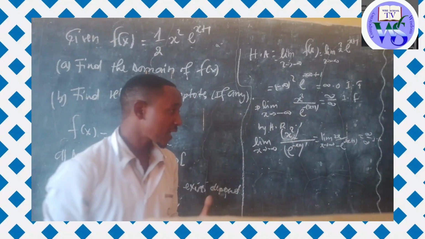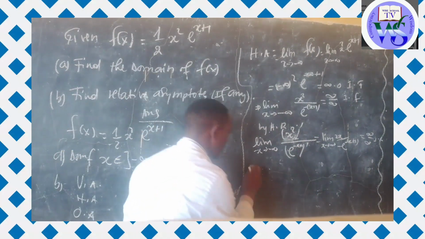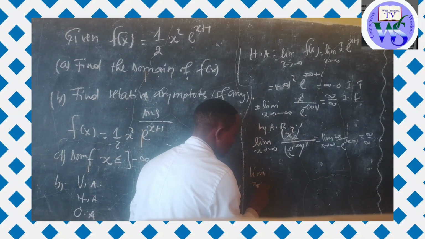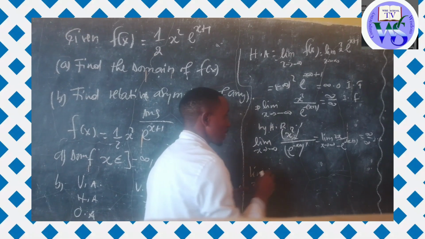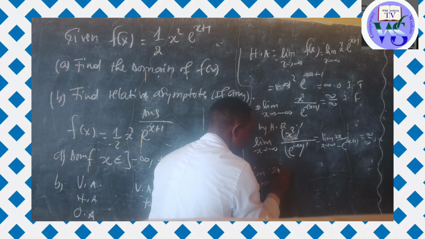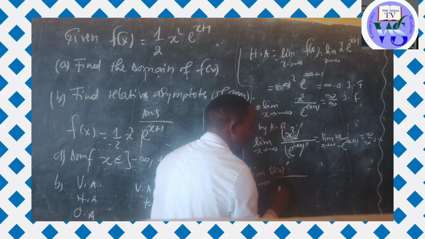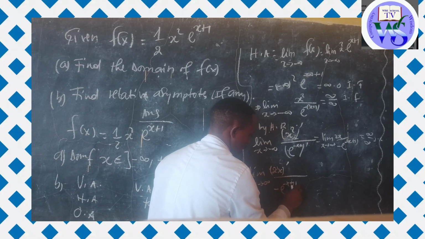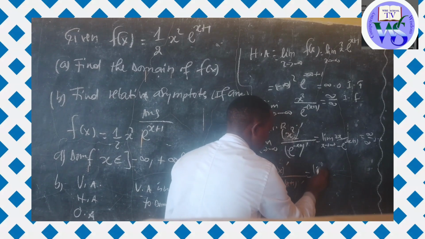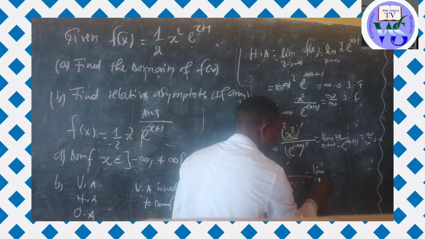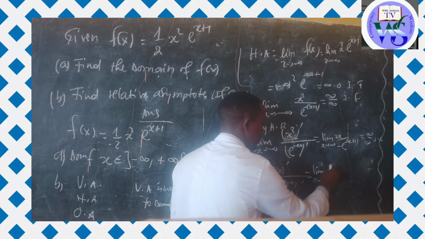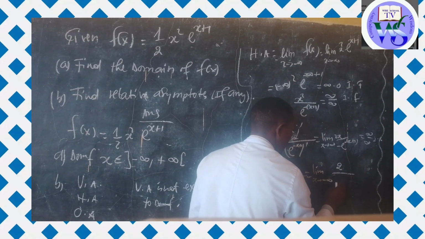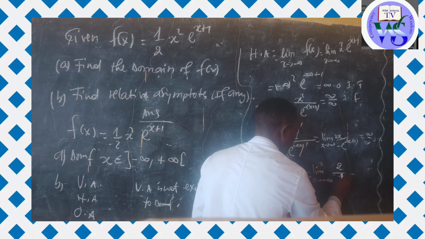By the second L'Hospital's rule, we get the limit as x goes to minus infinity of the derivative of 2x over the derivative of minus e power minus x plus 1. This is equal to the limit of x to minus infinity of 2 over e power minus x plus 1.